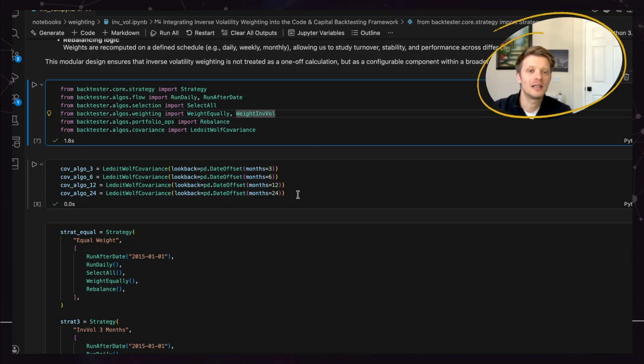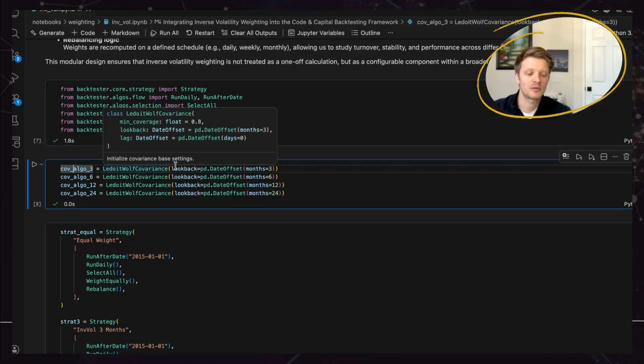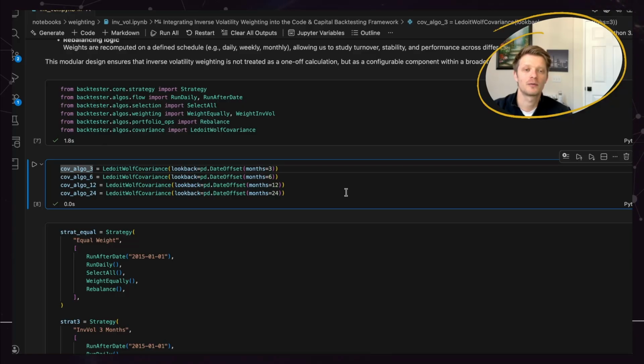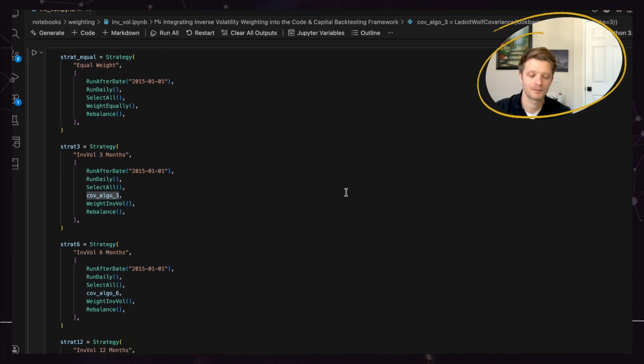Even though we don't need the whole covariance matrix, only the diagonal, we calculate the covariance matrix using the Ledoit-Wolff covariance measure, which we will go over in a future video. In short, it uses a shrinkage in the background to account for some outliers and basically makes the estimate a little bit smoother than just taking a default covariance matrix from simple returns.